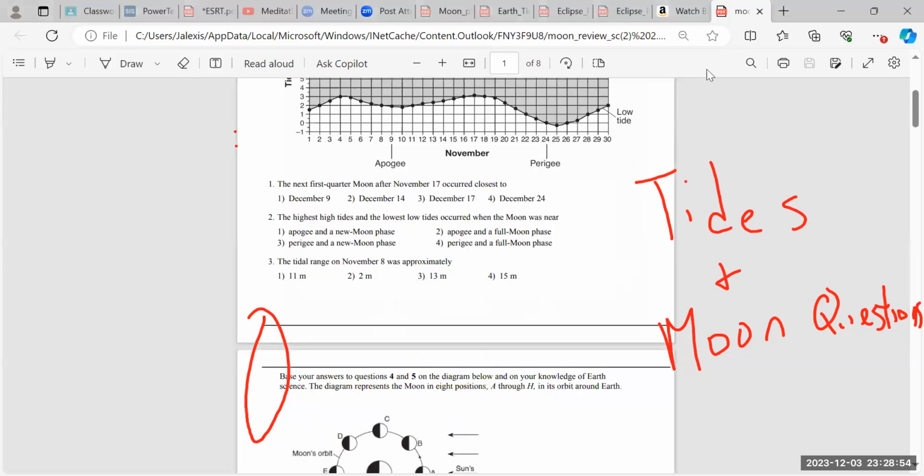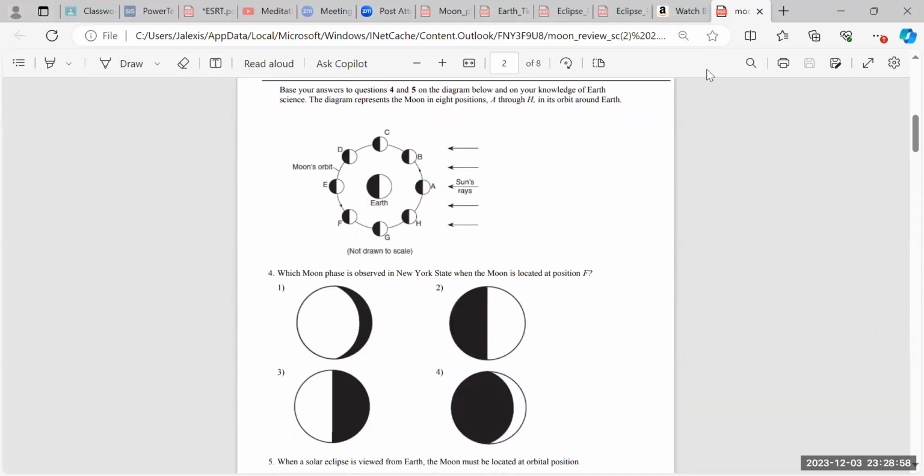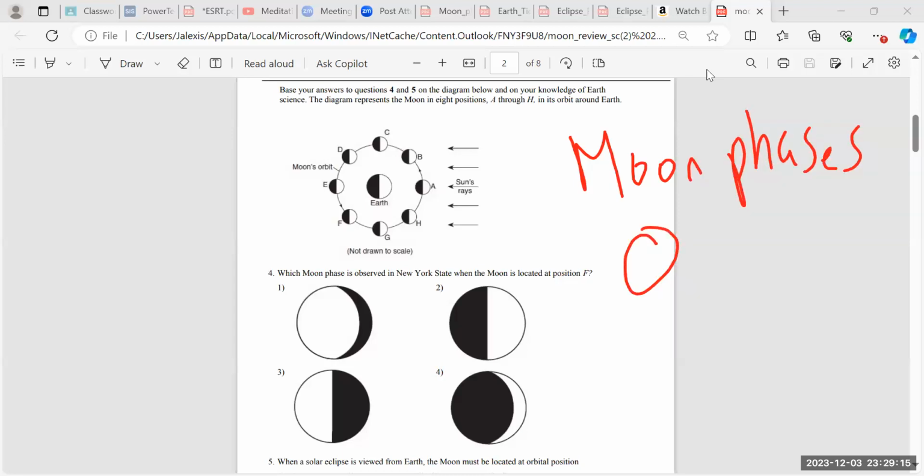Number 4, once again, this is a similar question that we went over. For number 4, you can go ahead and check out my moon phases question video.